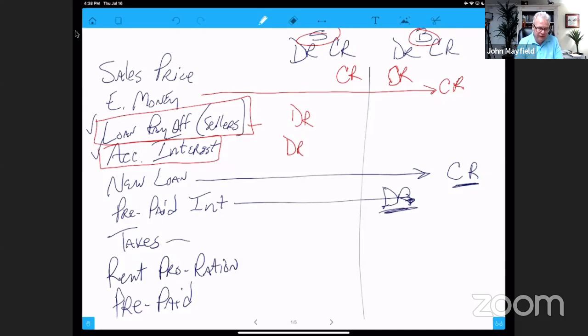And then taxes, we talk about that. Taxes is kind of a whole different breed, okay? Real estate taxes are kind of like your mortgage payment.